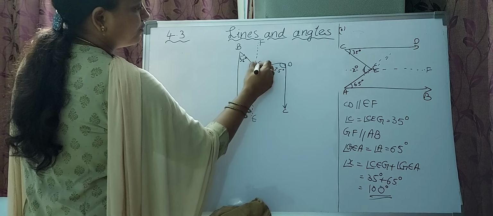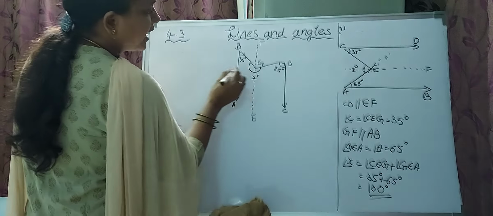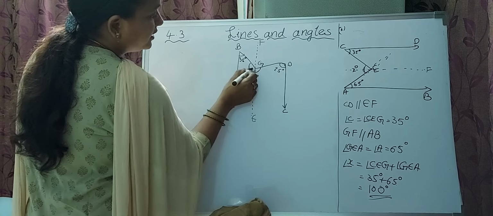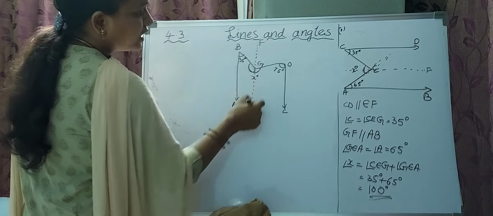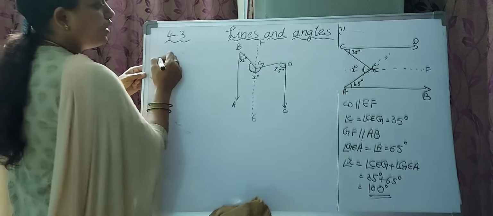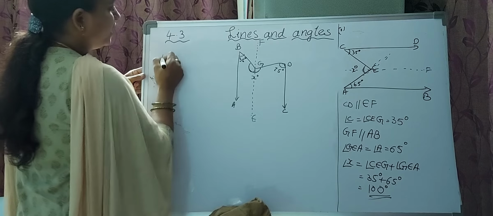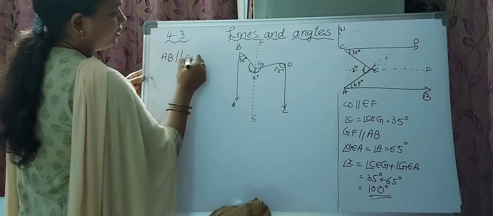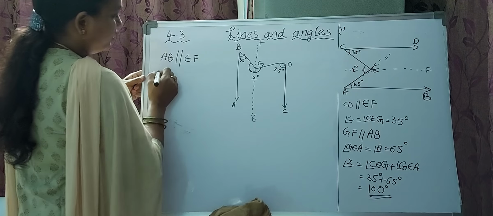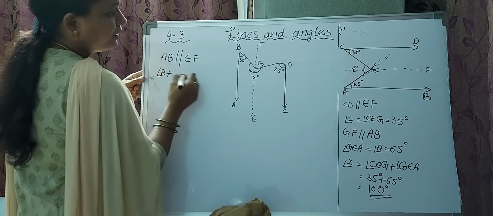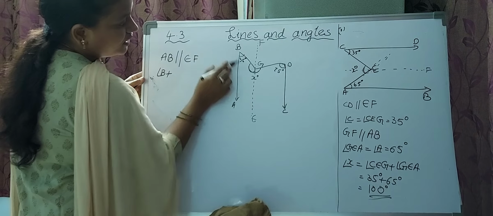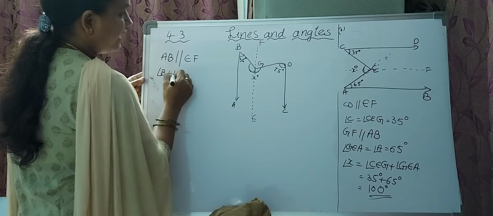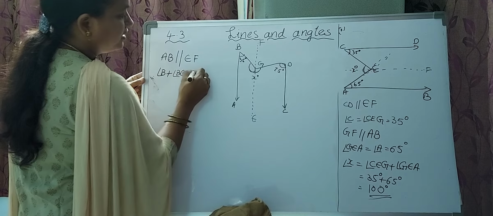Here G you keep. Now see these two angles, same side of the transversal. So when AB is parallel to EF, angle B plus angle BGE is equal to 180.